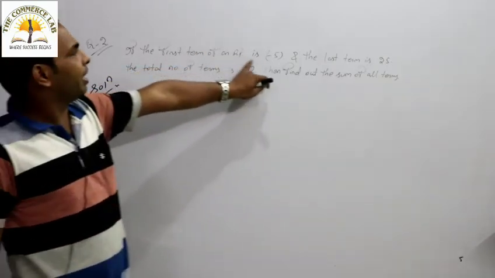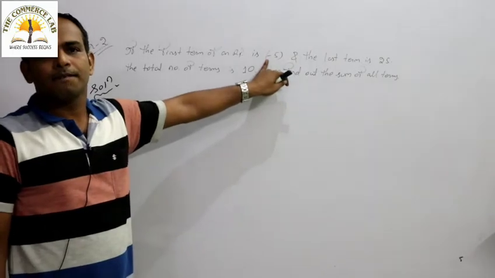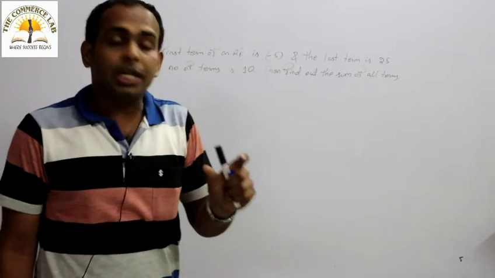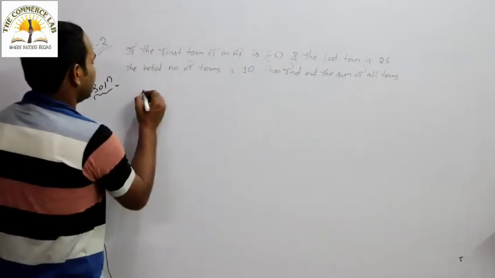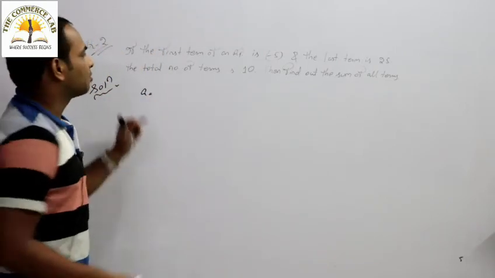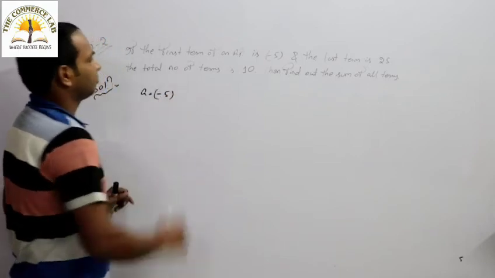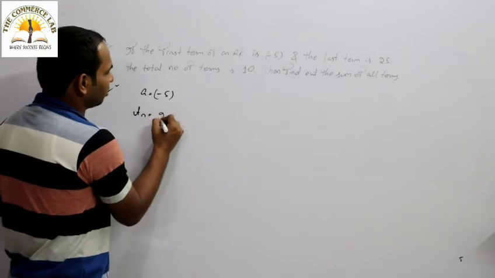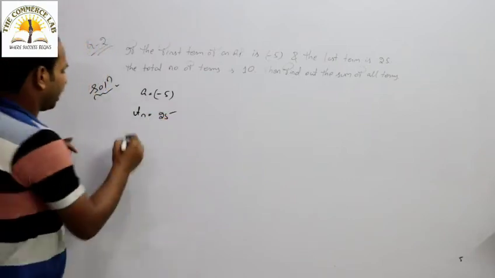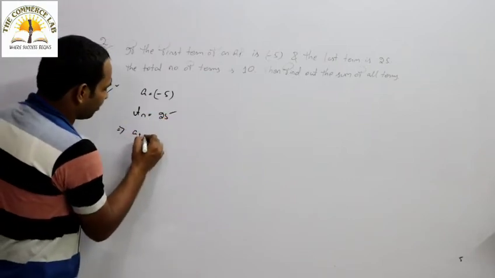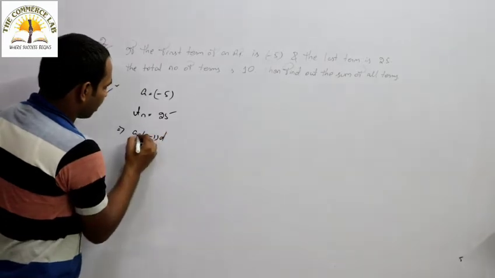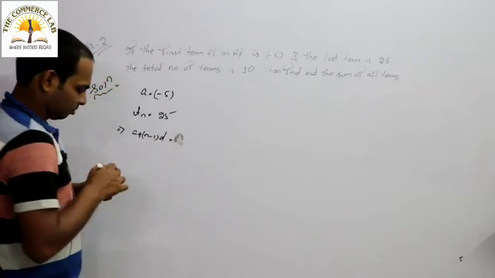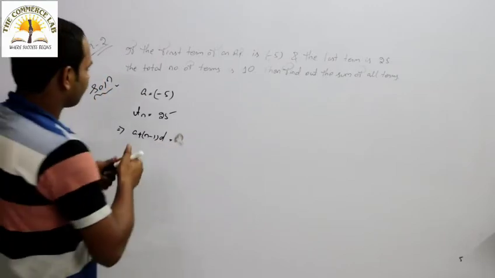If the first term of an AP is minus 5, just before we have studied the notations, the first term is noted by small a, so small a is equal to minus 5. Then the last term is 25, that means Tn equal to 25. This implies Tn is a plus n minus 1 into d.